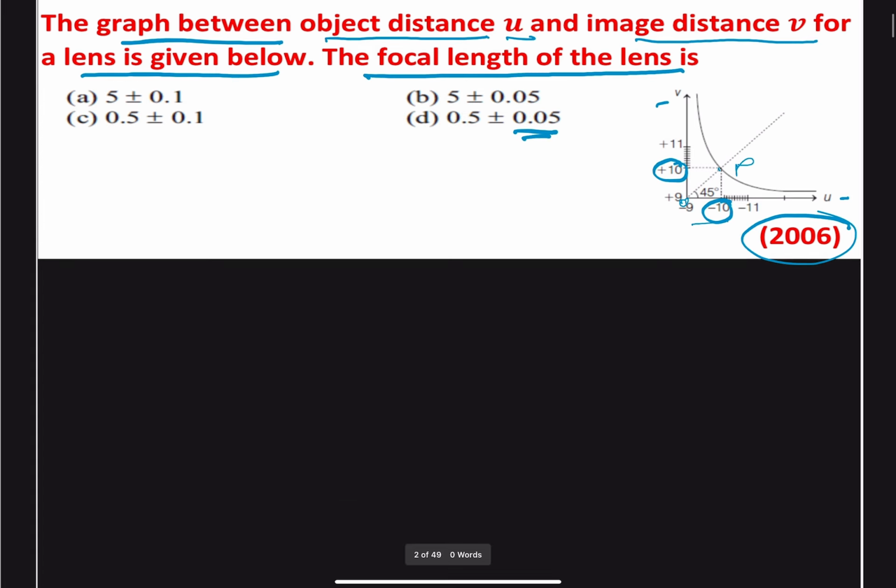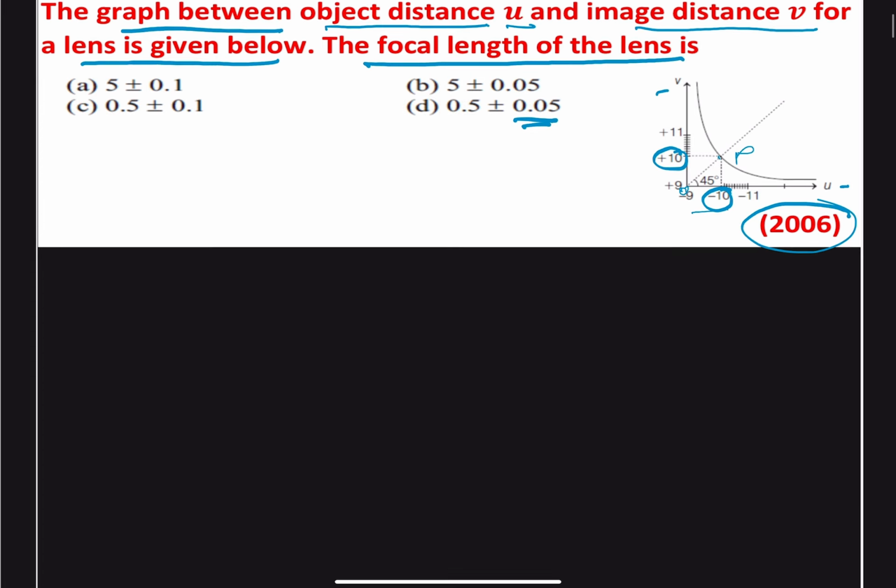So we start by writing the lens maker formula, which is 1 upon f is equal to 1 upon v plus 1 upon u.